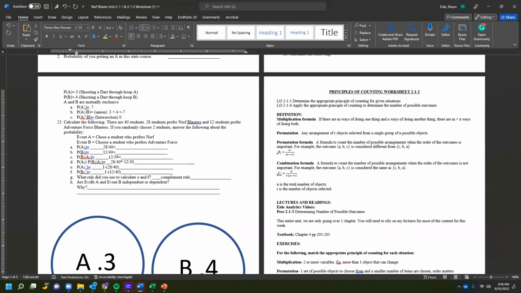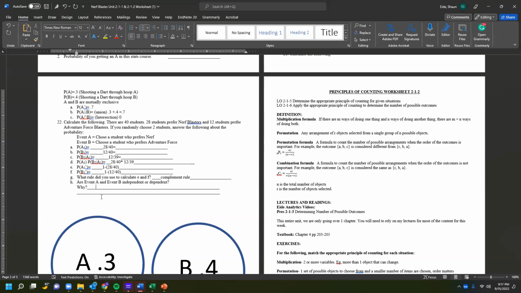And then are events A and B independent or dependent, and why? If they're independent, it means that the probability of event B is not dependent on event A. But if event A occurs, does it change the probability of event B?